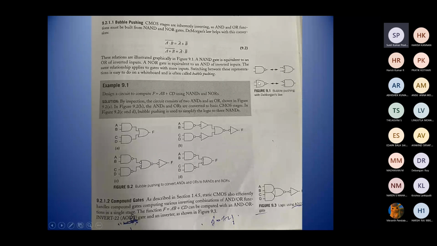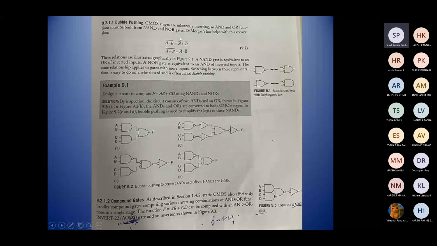This is the conventional way of representing NAND or NOR gates. Both are the same; it is just a way of representation. So this NAND gate and this NAND gate are equivalent to each other, and this NOR gate and this NOR gate are also equivalent to each other.